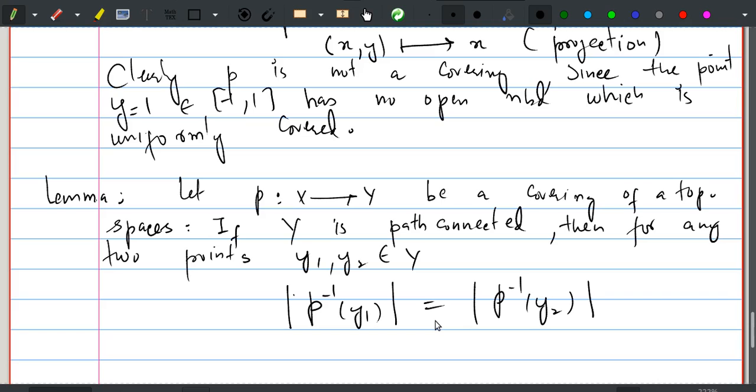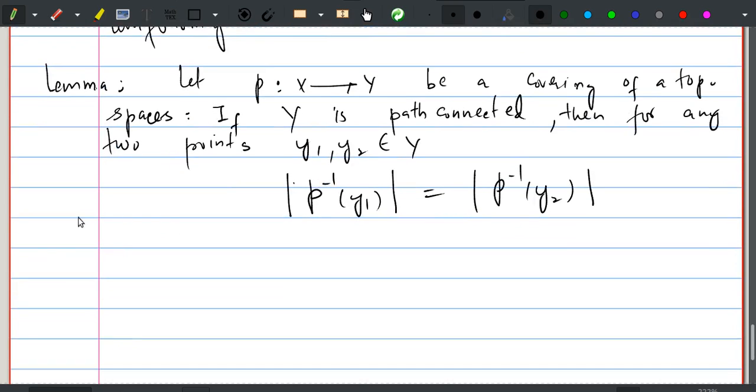But for a general map P between two spaces, the number of pre-images of a point depends of course on the point chosen in space Y. So let us make this remark here.